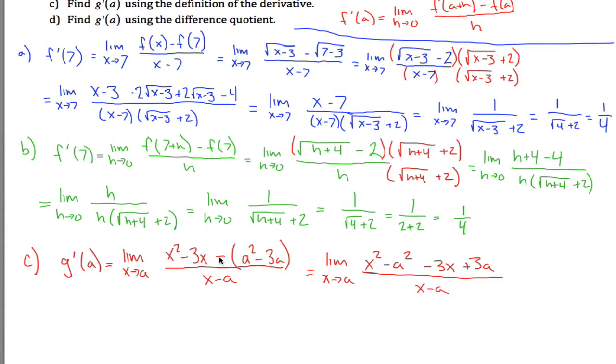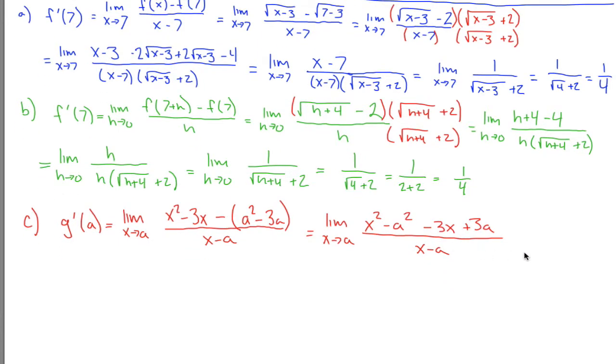So all I did was take this negative and distribute it through, and then reorder things. I put the square terms together and the linear terms together. The reason you want to do that is we'll be able to get an x minus a out of this, and out of this, so we'll be able to cancel out all our x minus a's.